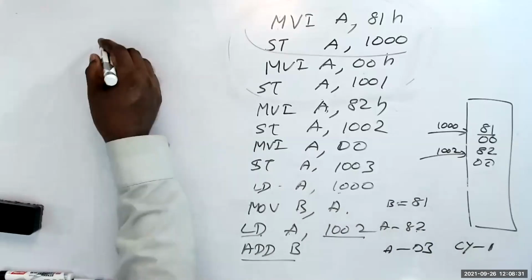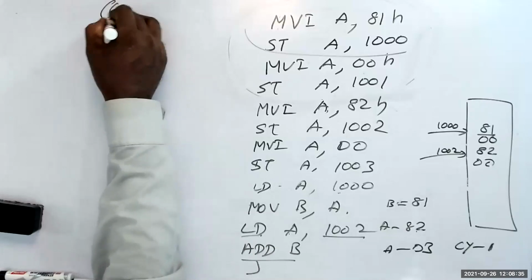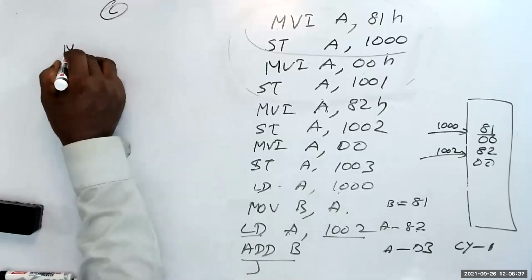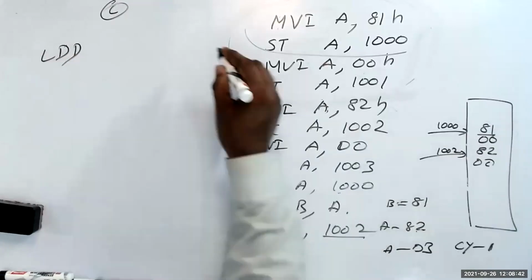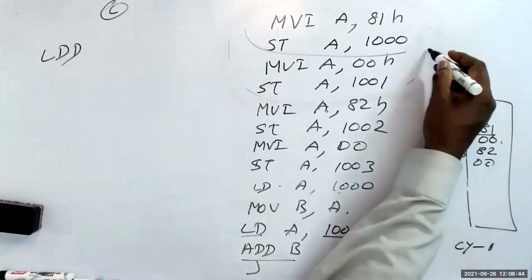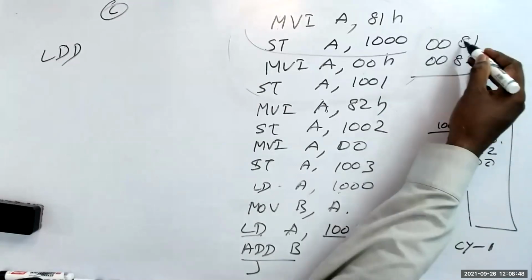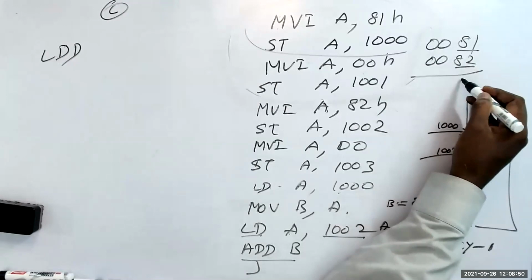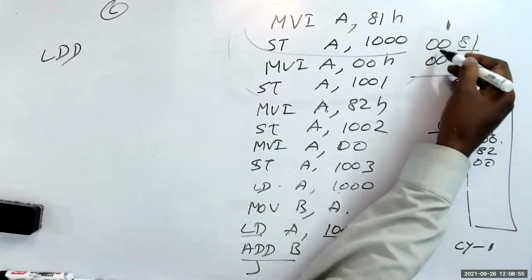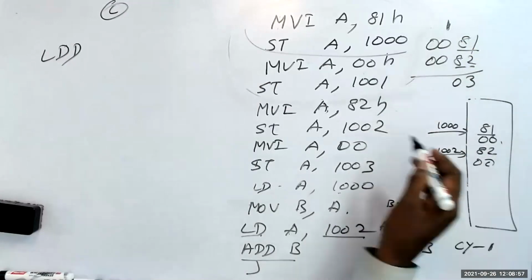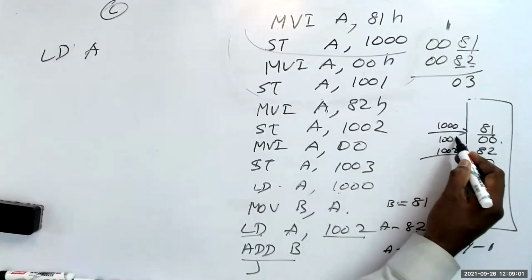Now the instruction comes here, the continuation. The continuation is load, because I have added only the low bytes. See, now what I stored in memory is 0081, 0082. I have added now. I got 03. I set carry 1. Now this has to be added. How I added is load accumulator, what is that? 1001, this number.